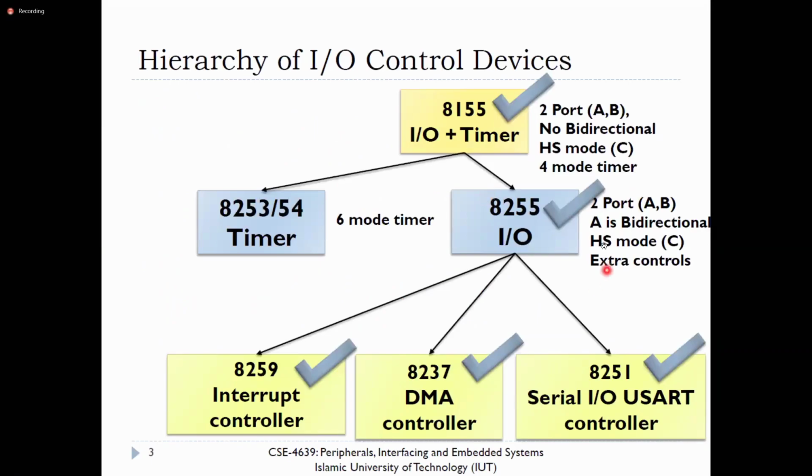This is the hierarchy of the course, and so far we have covered all those. Today we'll talk about the serial IO interface, called the USART controller. This is an internal interface, but after discussing the 8251 serial IO USART interface, we'll talk about the other external interfaces. Most of the interface names are known to you. I'll just discuss some of the features of those interfaces.